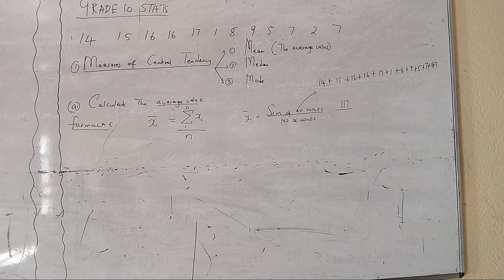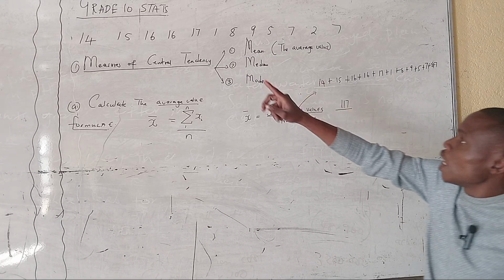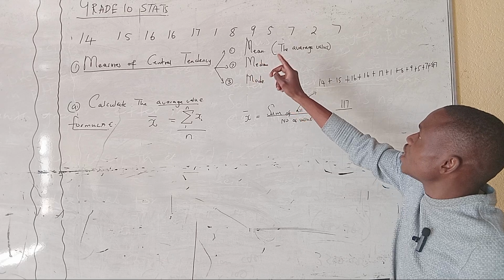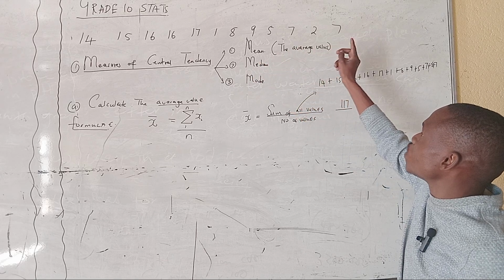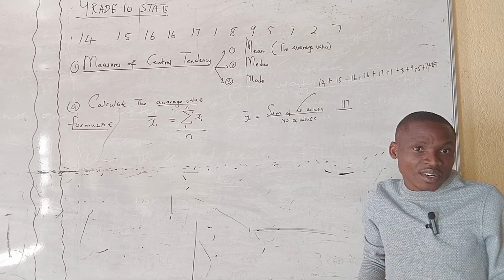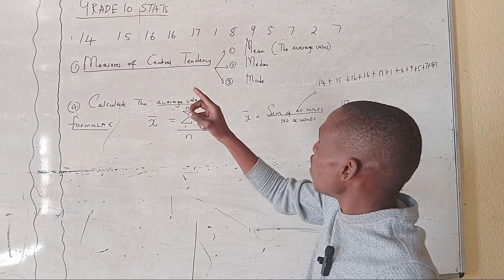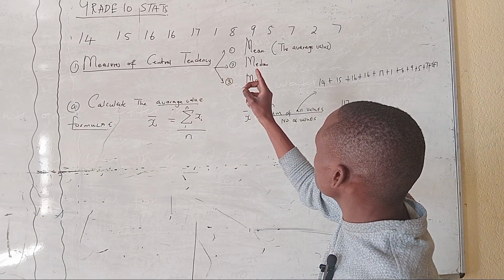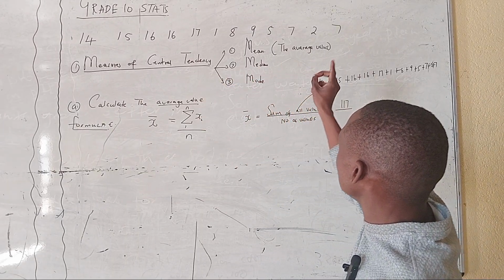Now you are going to divide by the number of values. How many are there? When you count those values: 1, 2, 3, 4, 5, 6, 7, 8, 9, 10, 11, 12. I'm going to count again: 1, 2, 3, 4, 5, 6, 7, 8, 9, 10, 11, 12.